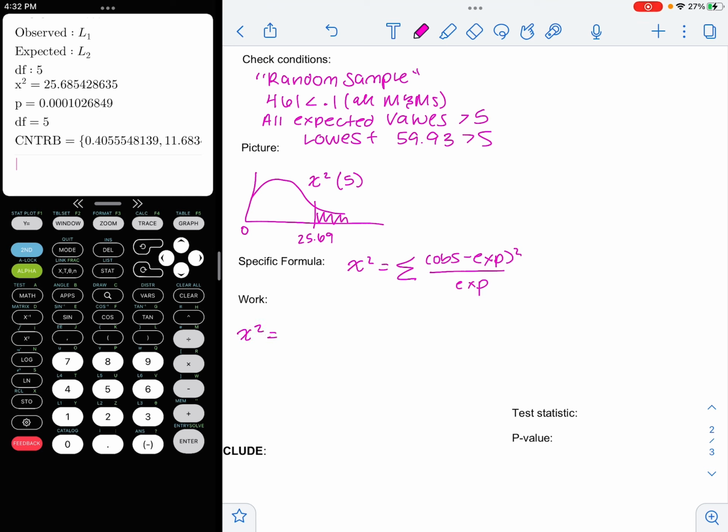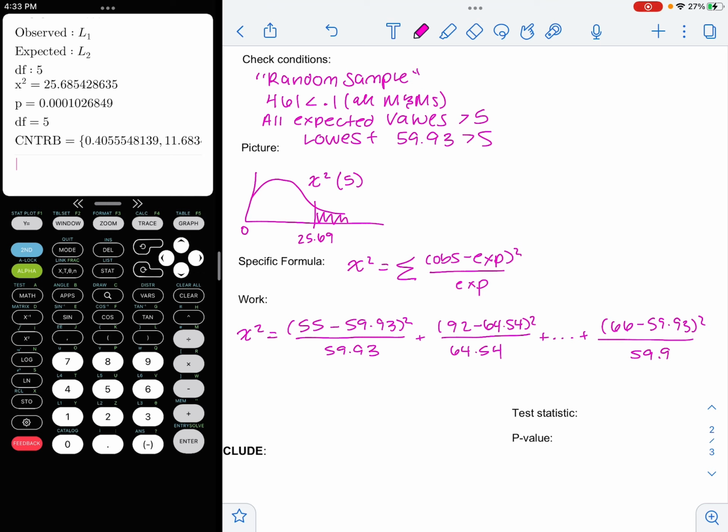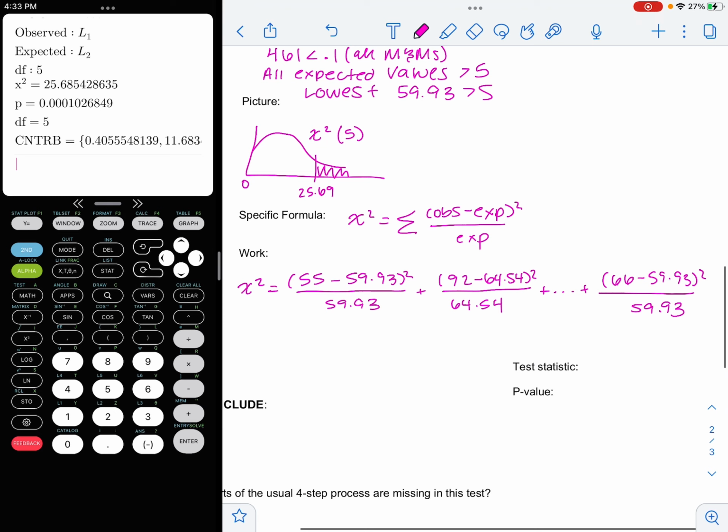So chi-squared is the first observed minus expected over the expected, plus the second one over the expected, plus all the way to the end, so 66 minus 59.93 squared over 59.93. And that's enough to show all of the work.